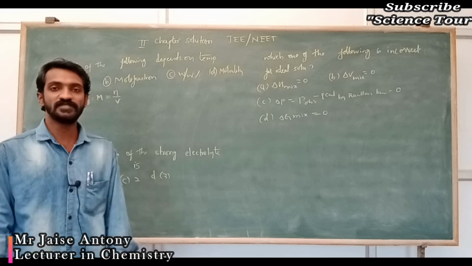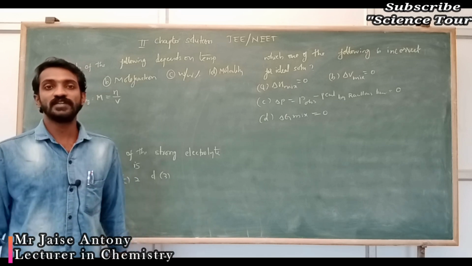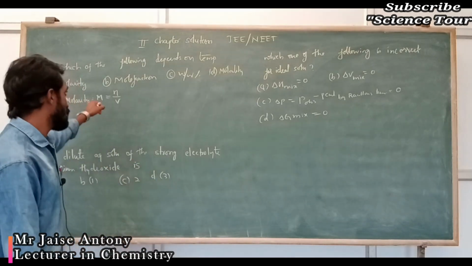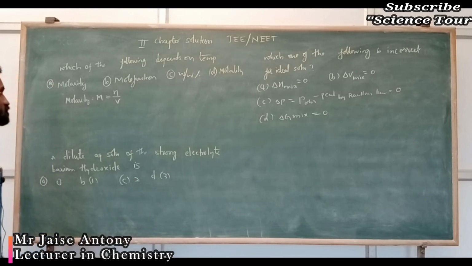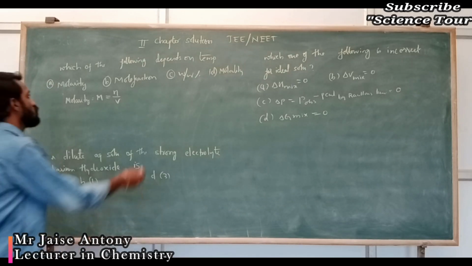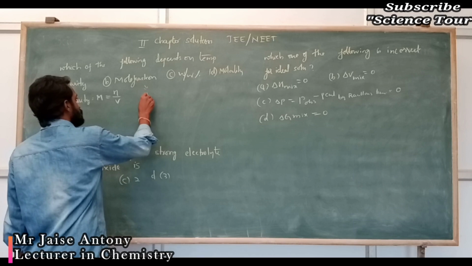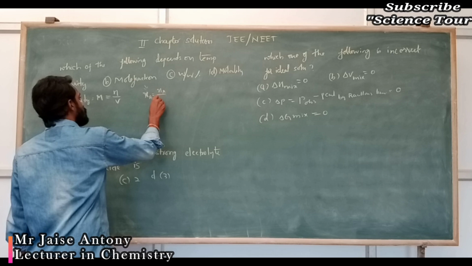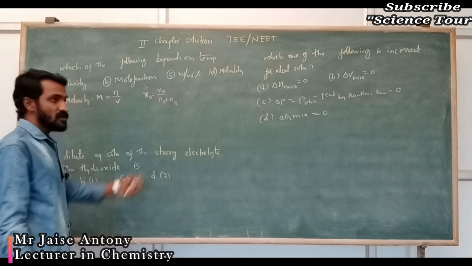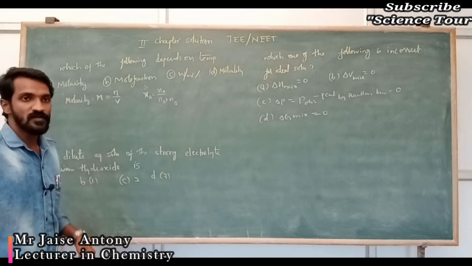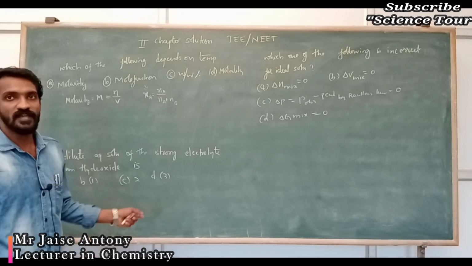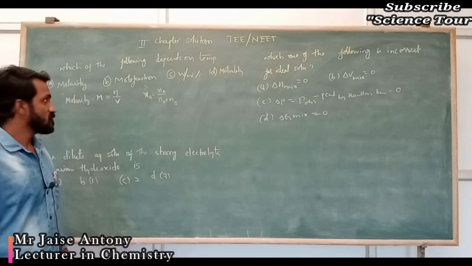What is the molarity definition? Number of moles of solute dissolved in 1 liter of solution, which is n by V. This is the molarity formula. When we discuss mole fraction, XA equals Na divided by Na plus Nb. This is the number of moles of A divided by the total moles of A and B in a solution. This formula we discussed.